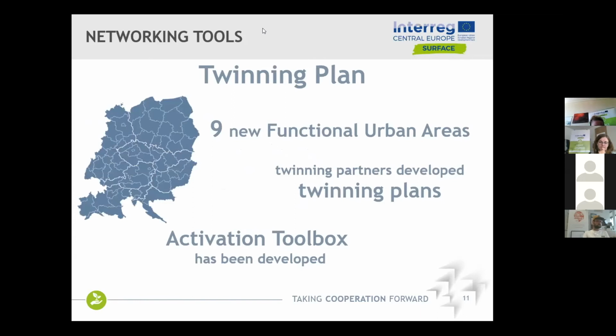As a part of the twinning, in total 9 new FUAs outside the partnership have been attracted. In order to implement twinning activities, the partners and their twinning partners developed twinning plans, which are some kind of action plans, which were then implemented.